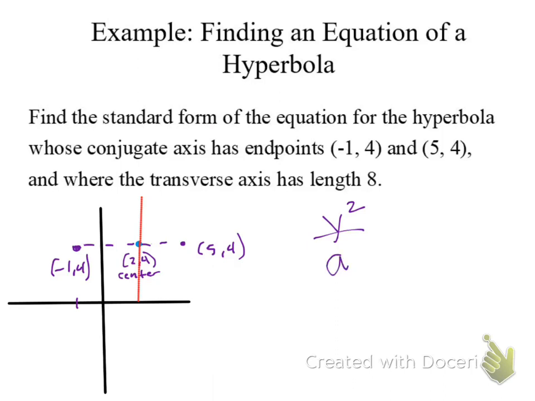So it'd be y squared over a squared minus x squared over b squared equals 1. I know that my b is the distance between my center and its other point, and the difference from 2 to 5 is 3, and the distance in the other direction is also 3. So b's value should be 3.